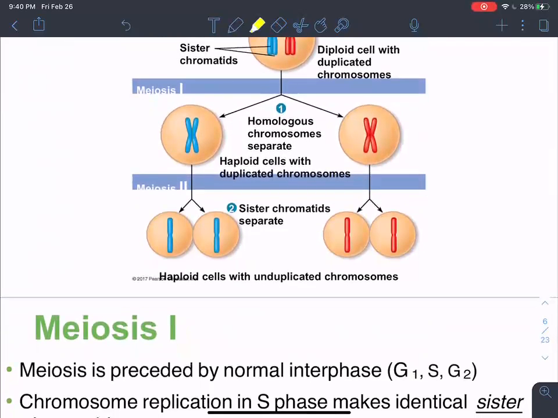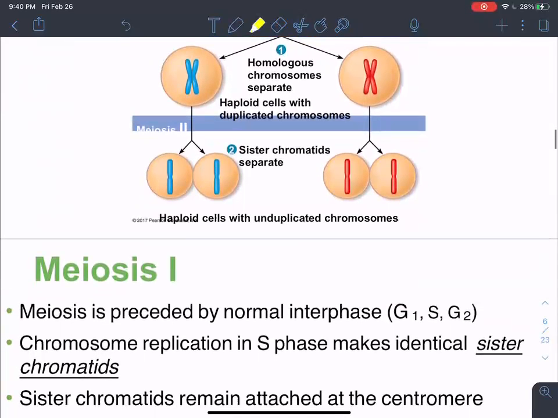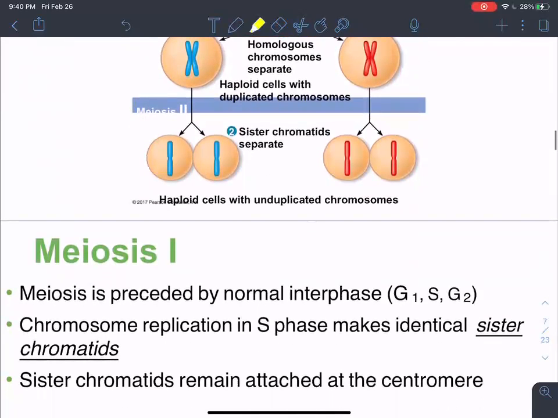So in meiosis two, the sister chromatids are separated, forming four total haploid cells with unduplicated chromosomes.